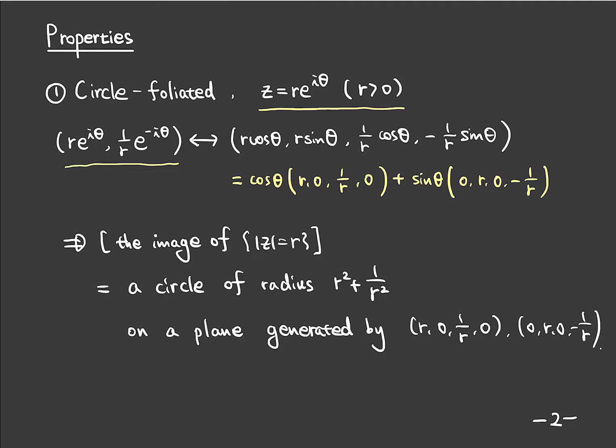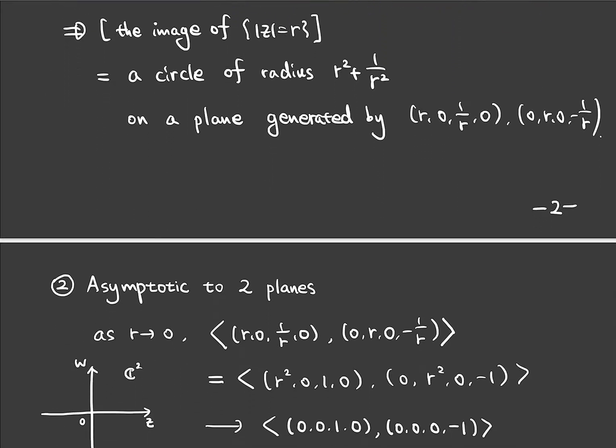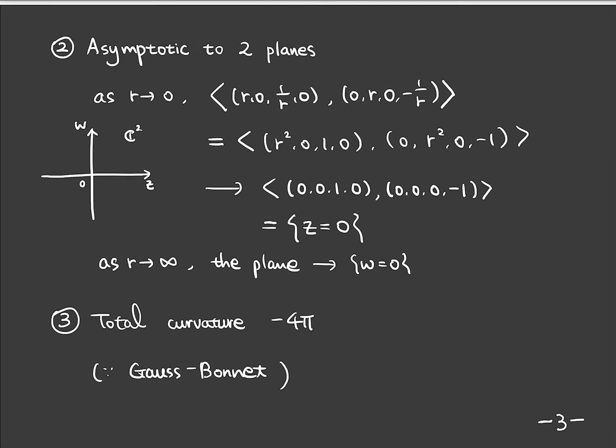Next, it is asymptotic to two planes. As r goes to 0, these planes or circles converge to the w-axis. Here it is the w-axis. And similarly, as r goes to infinity, the plane converges to the z-axis.